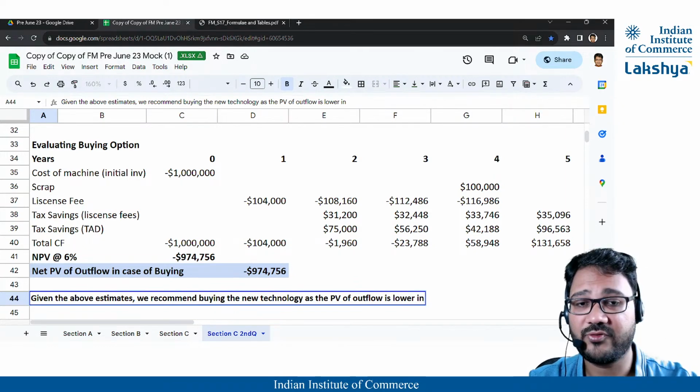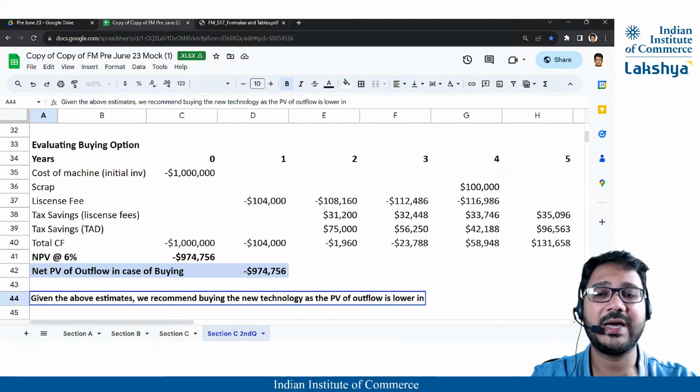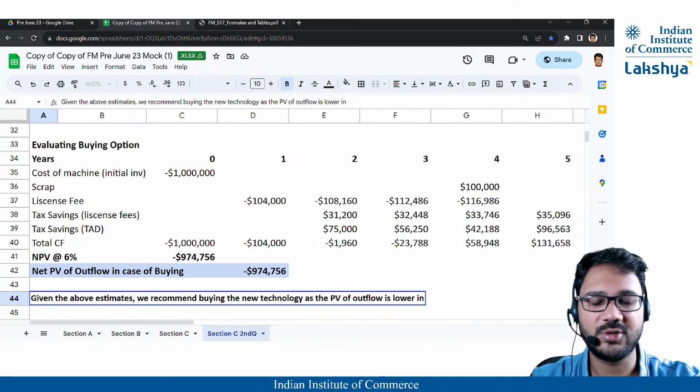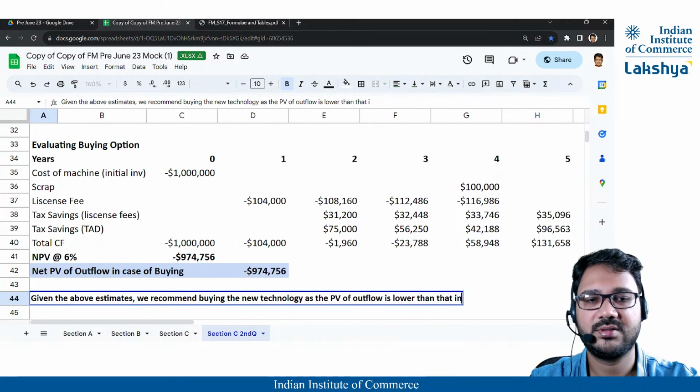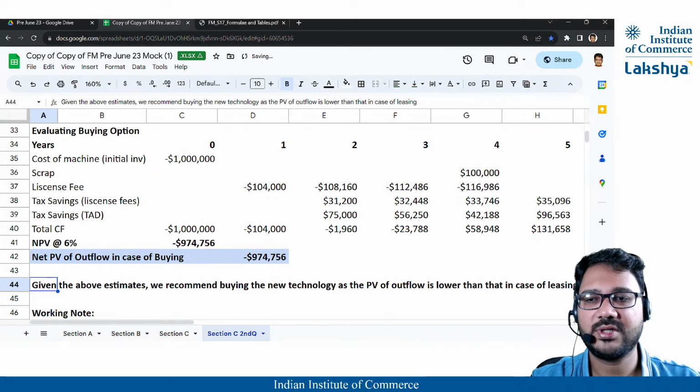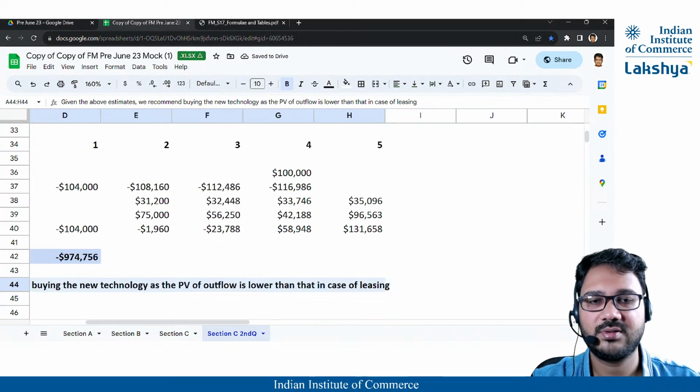Okay, it's not inflow. Normally we opt for higher NPV projects, but this outflow is lower than that in case of leasing. Okay, so this can be our final conclusion.